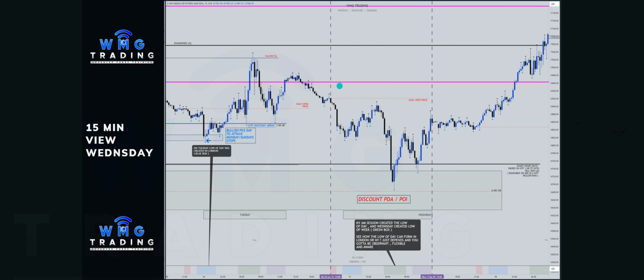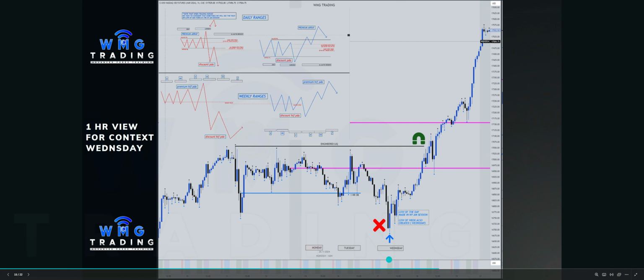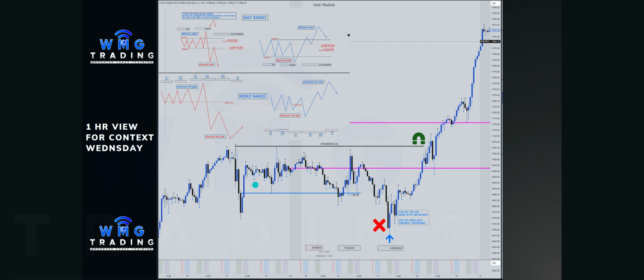So moving on, we could see how this is a Wednesday. Let's look at this arrow here. This is a Wednesday. We're going to dig into the Wednesday. Wednesday created the low of the day inside this New York AM session, as we just went over. And then we can also see how Wednesday led to the low of the week. And remember from the other screenshots, this was a higher time frame order block.